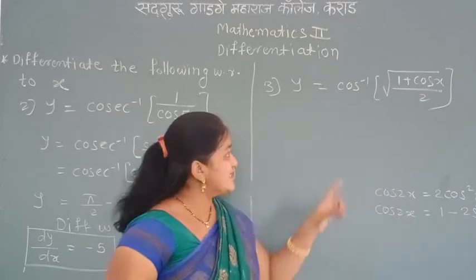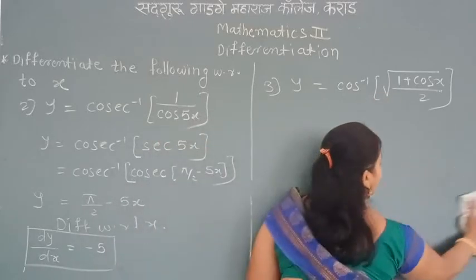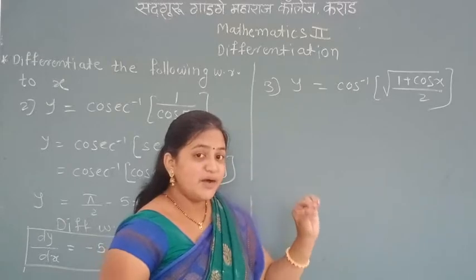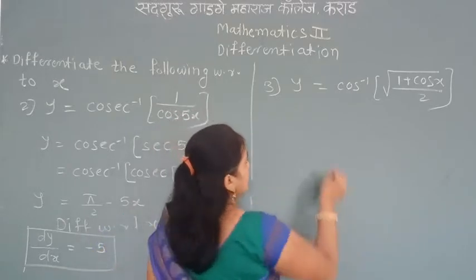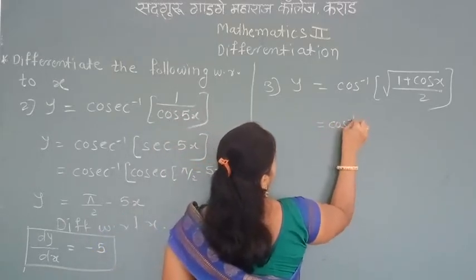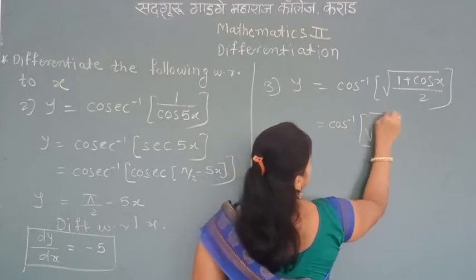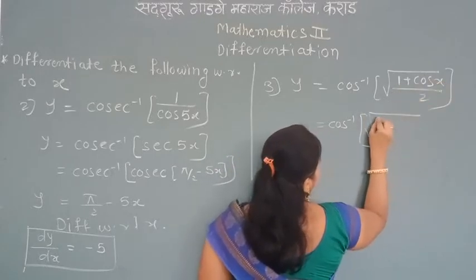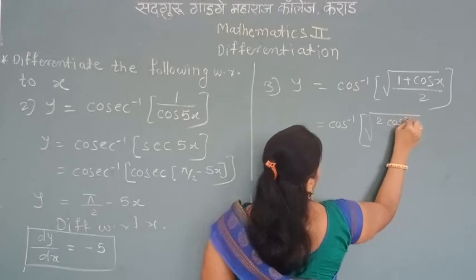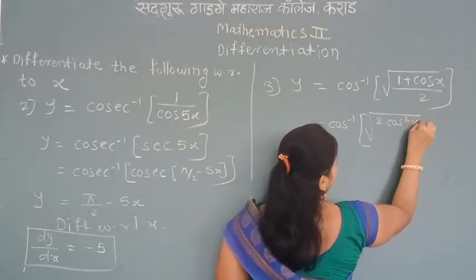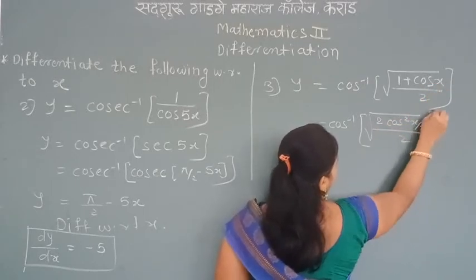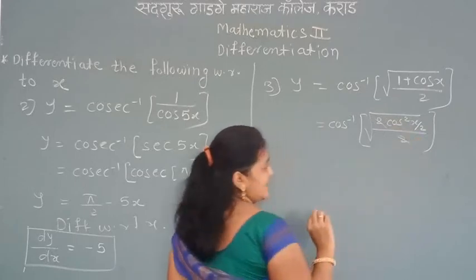So your pair is 1 plus cos x. So 1 plus cos x we convert into 2 cos square. So square root of 2 cos square, whatever angle taking half angle, x by 2, divided by 2. Now these two cancel.